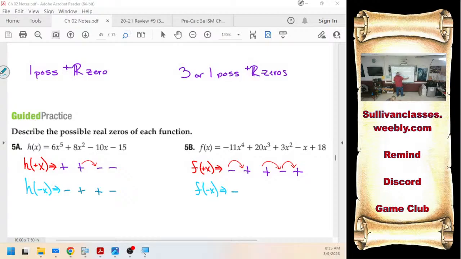Negative x into an odd changes its sign. Negative x into an even keeps its sign. Negative x into an odd changes its sign. Constant is just constant. And if you need to write it out, remember, every time you hit a negative, negative means opposite.